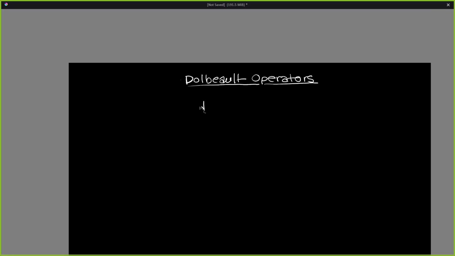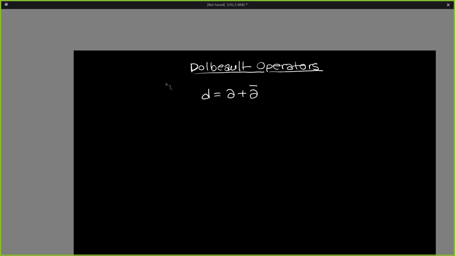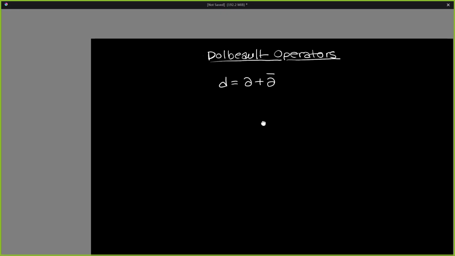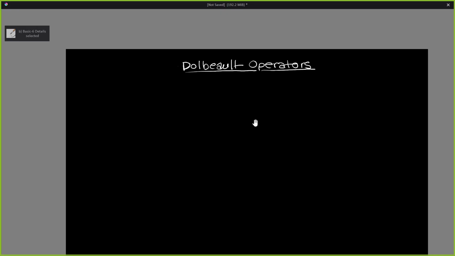That d is equal to partial plus partial bar makes it a very elegant formalism. But because we've derived the Dolbeault operators through just looking at what happens to d on a complex manifold, let's take stock of what they actually are.